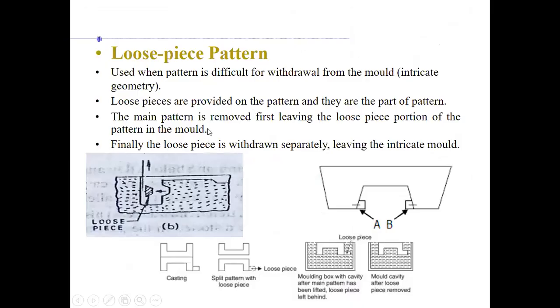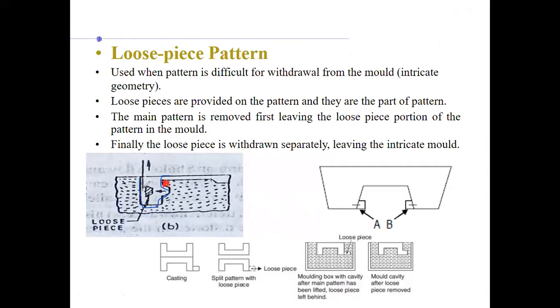You see, loose piece pattern was here, right? You have those loose pieces attached, for example, here. Why was this given? If we want to make this kind of profile and you have taken that kind of pattern, let me draw it, then when you're trying to remove it, you see here, this part of the sand will come off, obviously.